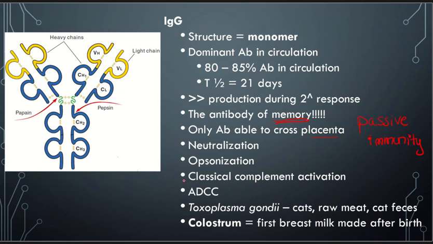It can also activate the classical complement pathway like IgM can. But it can also opsonize and bind to NK cells to induce ADCC. And it is the only one that can cross the placenta. The other classes can't do that.